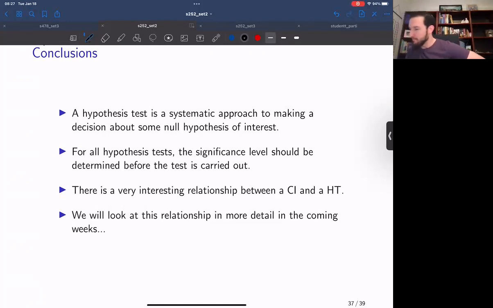Okay, so that brings us to the end of lecture set 2. Lecture set 2 again is a review of one sample inference, so we're still reviewing material from Stat 151. When we talk about one sample inference, we talk about techniques for making a decision about the value of a single population mean. You can run one sample inference in different ways. It doesn't always have to be about a population mean, but in this course, we focus on the population mean.